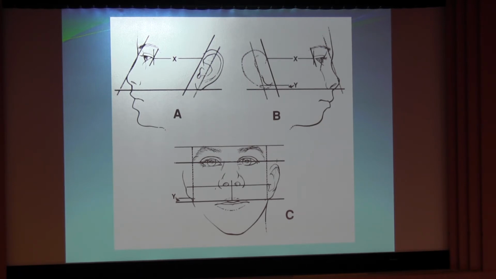You look at the distance from the lateral canthus to the start of the ear as distance X. You want to have that lined up. And then you'd like the height of the ear and the lobule to be somewhat equal to the opposite side, so you don't have a significant difference when you're looking at somebody on a frontal view.